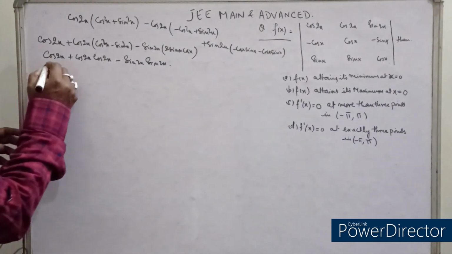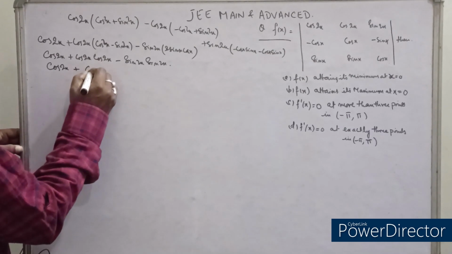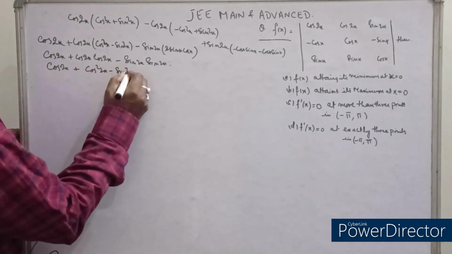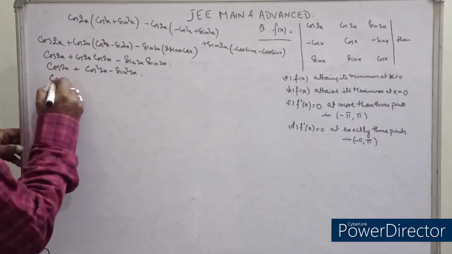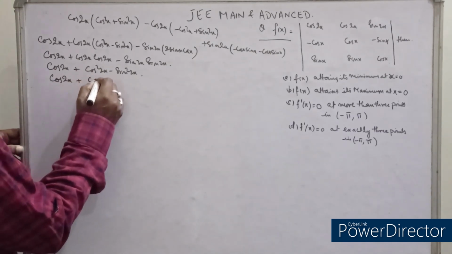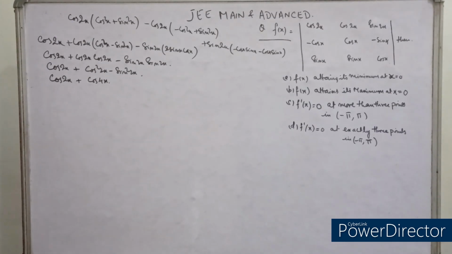So here again cos 2x plus this is cos square 2x minus sin square 2x. So this becomes cos 2x plus cos 4x, 2 into 2x, that is 4x. So when I expanded it, I got this.